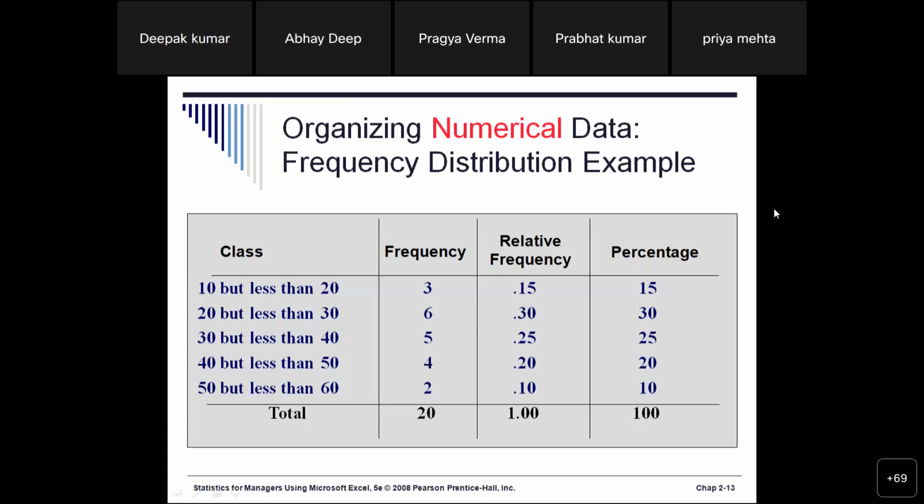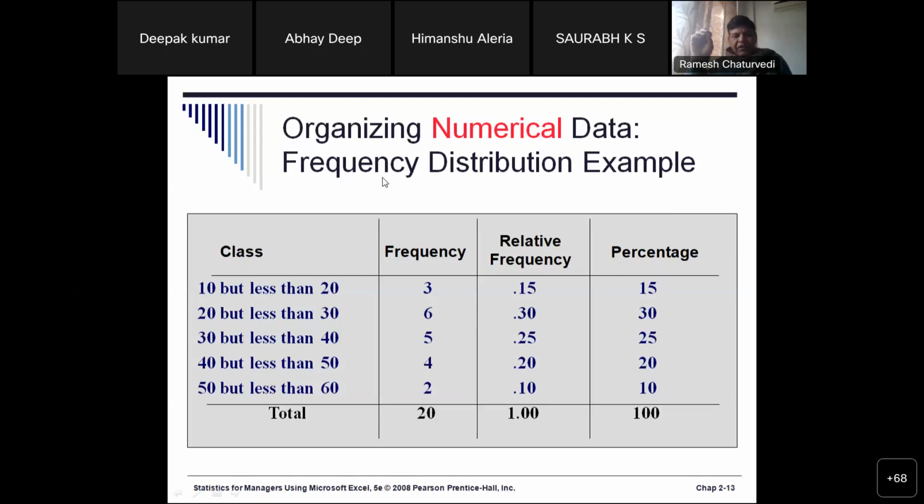How many observations were there? Relative frequency is nothing but just a percentage of frequency of a particular class to the total frequency.